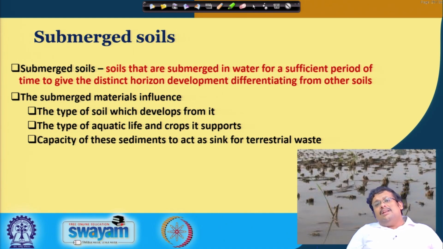Now, we have different types of submerged soils. One of the important submerged soils is paddy field or rice fields. Another type of submerged soil is wetlands. These submerged soils have their typical chemical dynamics, and we can see different features or properties of these soils, not only their chemical nature, but also their physical appearance.